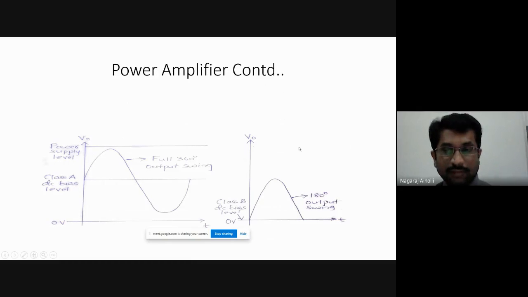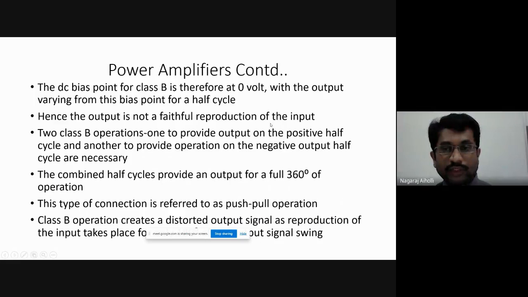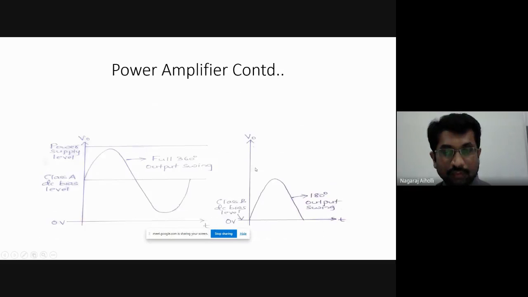The applied input signal is one full cycle, an AC signal, but the output that we are getting is only half of it. That means it is not a faithful reproduction of the applied input signal. Whatever input we apply is one full complete cycle, but the output is only a half cycle. That means it is a distorted waveform, because we are not getting one complete cycle.